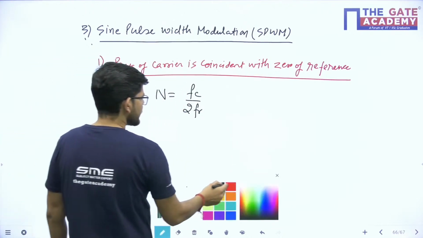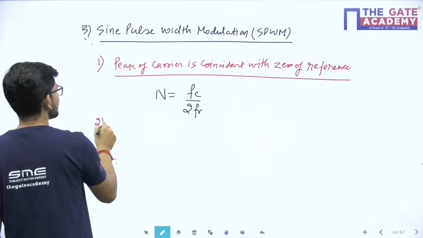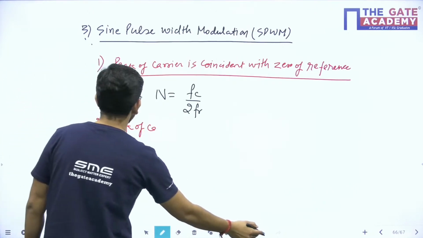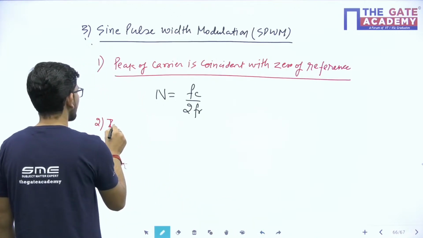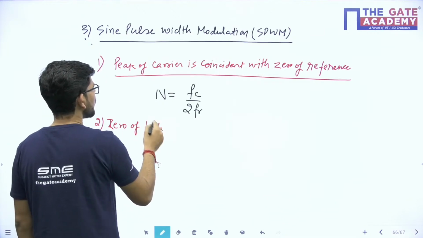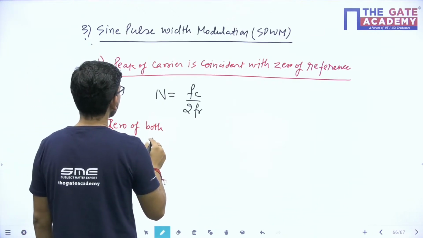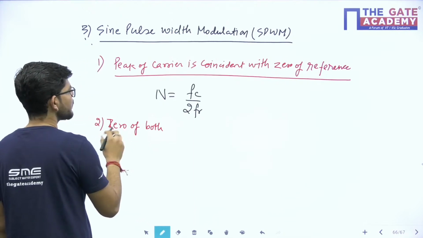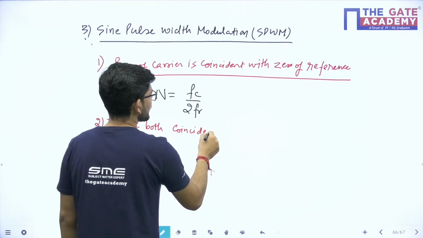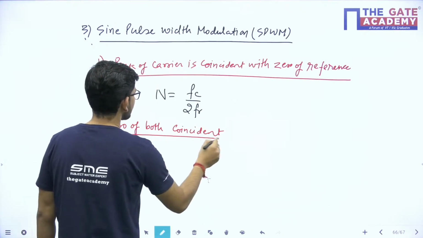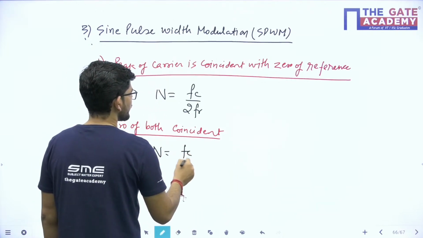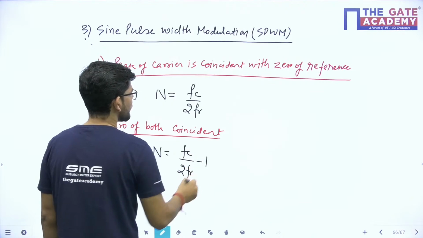But in the second case, when the 0 of carrier and the 0 of reference are coincident, then in that case the number of pulses fed per half cycle will be equal to fC upon 2 fR minus 1.